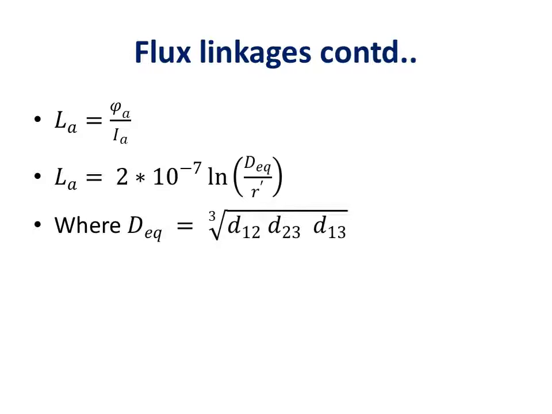If all the three conductors are placed in an equilateral triangle with symmetrical spacing, then this becomes d into d into d. Cube root of d becomes d. It becomes important when there is unsymmetrical spacing, then we need this formula.